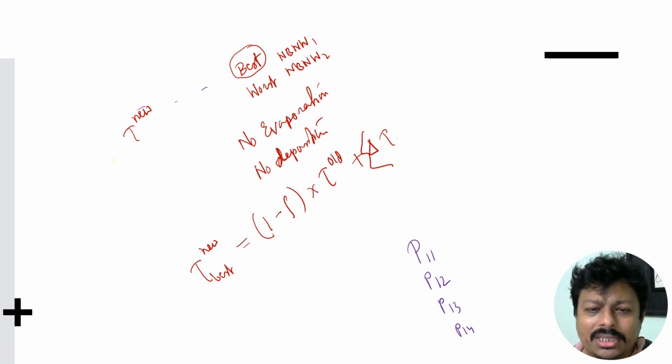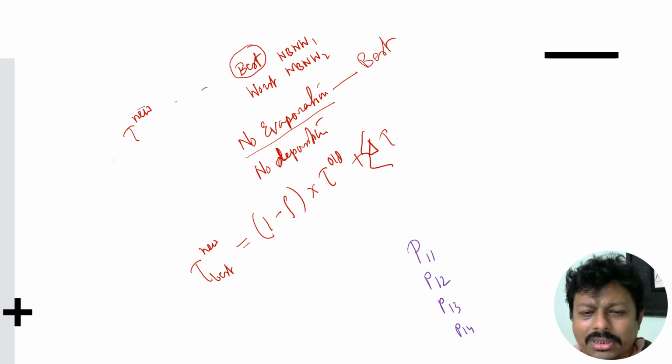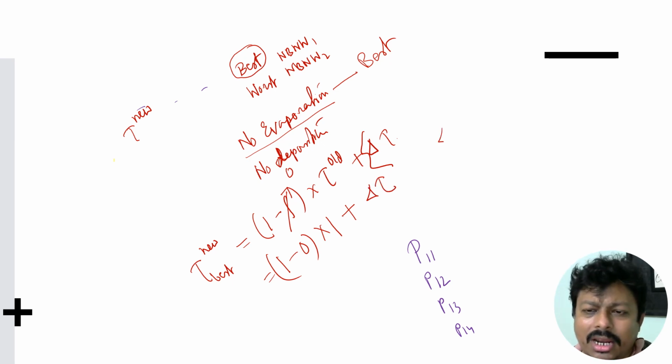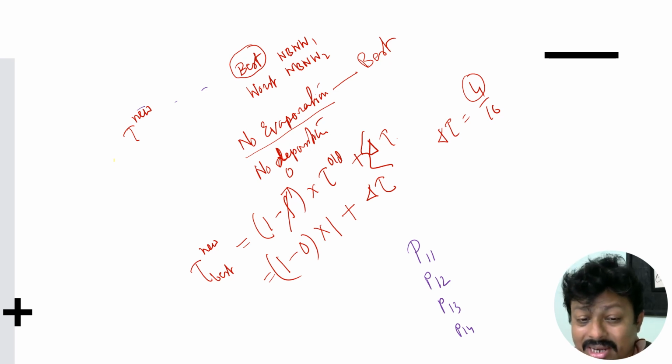There will be no evaporation for the best path, so rho becomes 0. So 1 minus 0, first time tau was 1, right? Plus our delta, and delta was, as we know, 4 by 16, because F best was 4 and F worst was 16. So this is for the tau best, the tau for the best path.